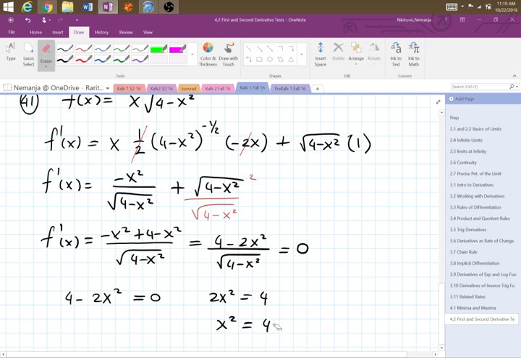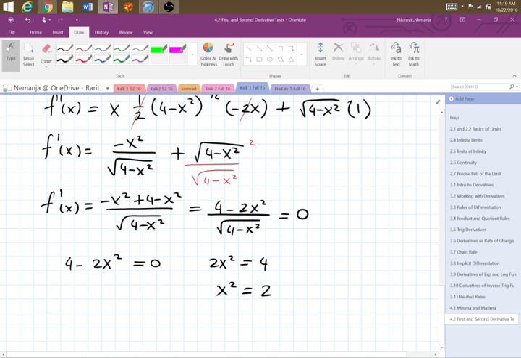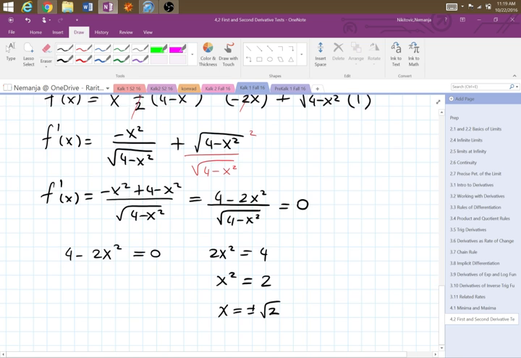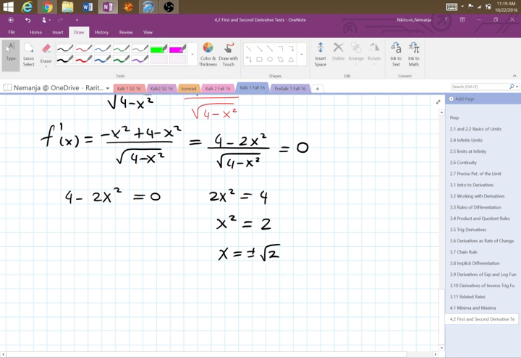That's what I said, please pay attention. And then x is equal to plus minus square root of 2. So we have two critical numbers, so these are critical numbers.